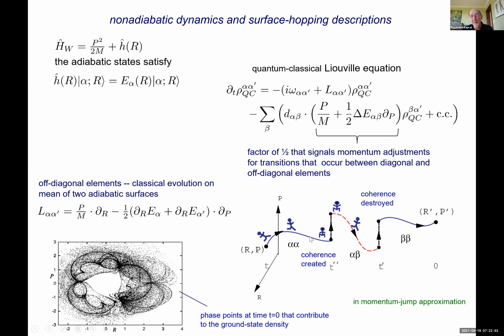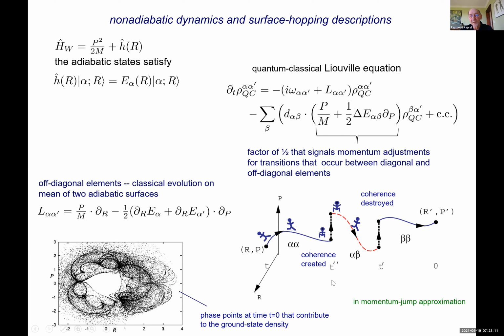You basically evolve on a single adiabatic surface using just this classical evolution operator. And then you have to consider the interactions between adiabatic states governed by this term. So here I'm writing it in an approximation where we exponentiate this term to convert these continuous derivatives into a jump. So this is an approximation. It need not be made, but it's nice to think about this way.